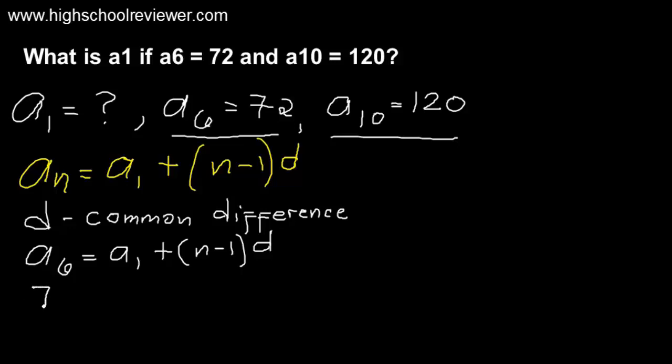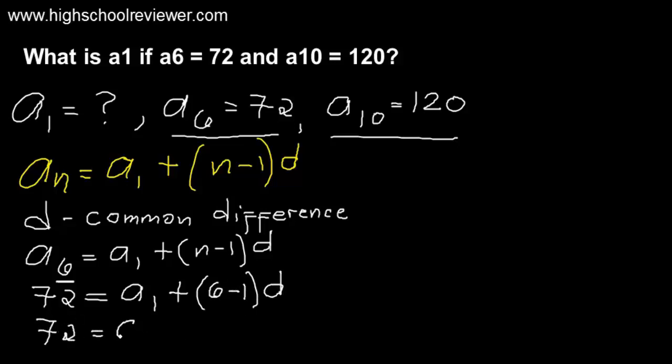So this will be 72 is equal to our a sub 1, this is an unknown, plus our n here, since this is the sixth term, this will be 6 minus 1 multiplied by d. 72 will be equal to a sub 1, and 6 minus 1 is positive 5. Positive 5 multiplied by d, this will be plus 5d. We are going to call this our equation 1.